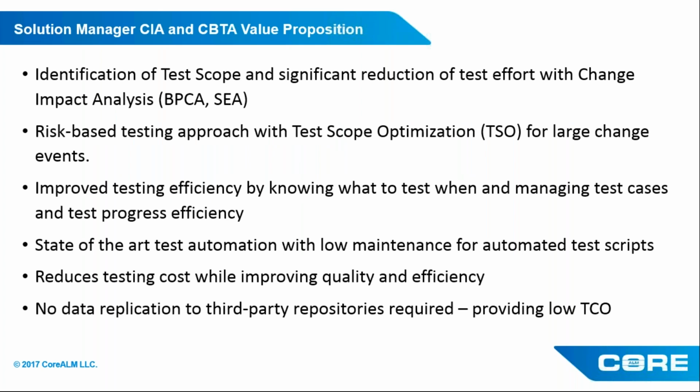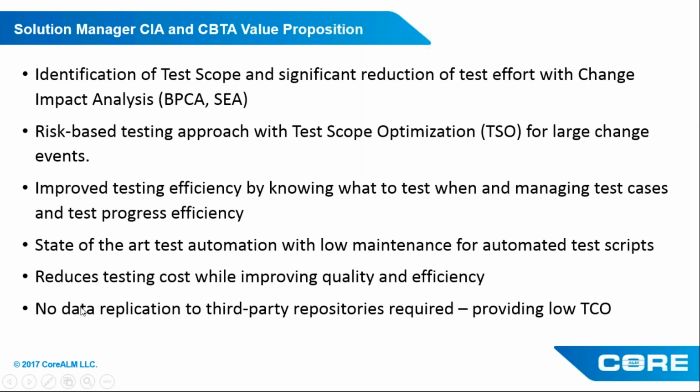So the value proposition is it identifies a test scope and reduces test effort, risk-based testing, knowing what to test. You don't test too much, and you don't miss things. And then the automation is low maintenance for automated test scripts. Again, the repair part is easy to do, tied in with change impact analysis, and it reduces the cost.